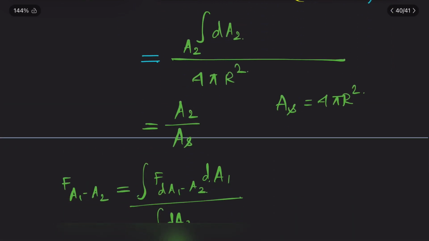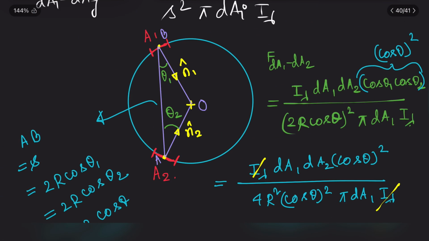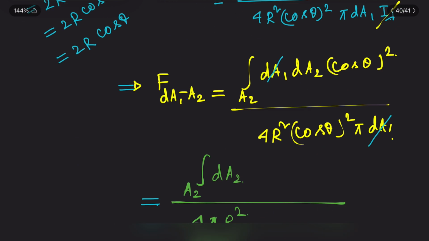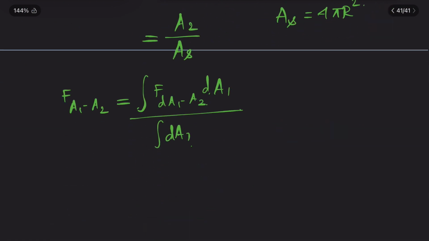Basically I have to do integration of this over A1 and A2, and in the denominator only A1. When I will be finding f A1 A2, I cannot cancel out this dA1, I have to take that into account. So that is the same thing, but now this thing is coming as A2 by AS.